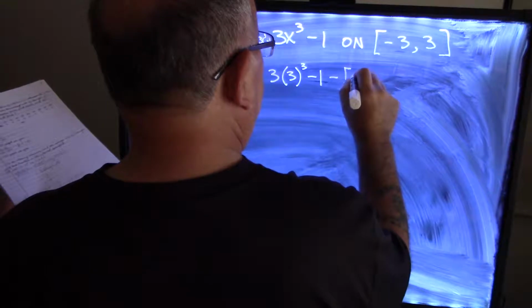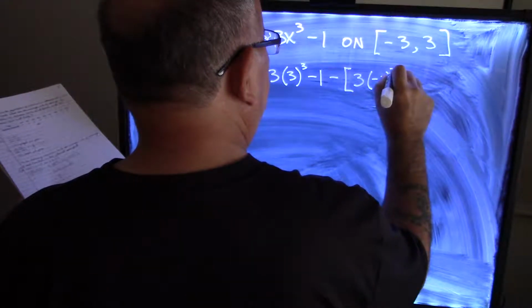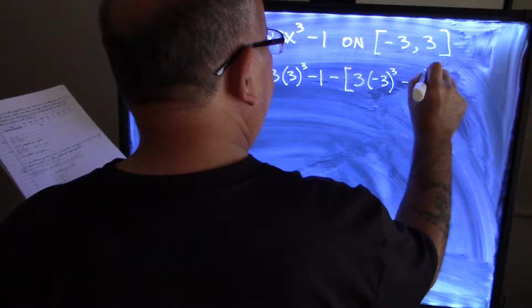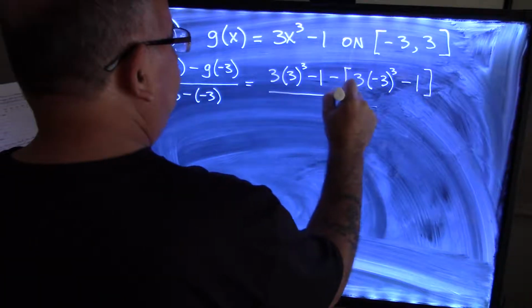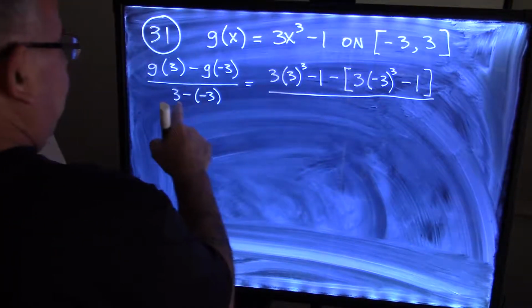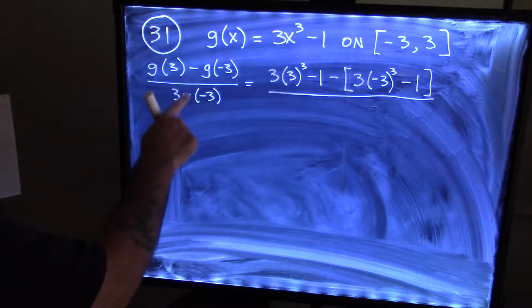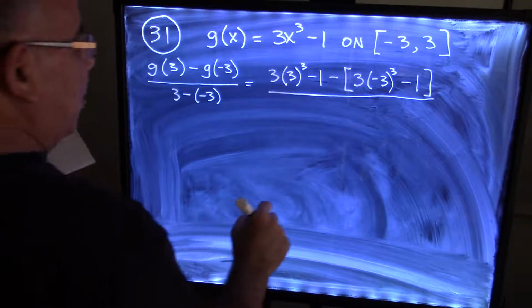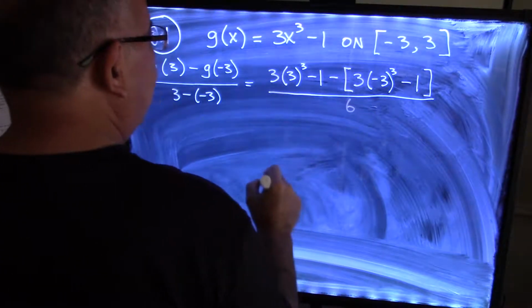So that's going to be 3 times negative 3 cubed minus 1, all over 3 minus a negative 3 is plus 3. Minus a negative is plus. So 3 plus 3, which is 6.